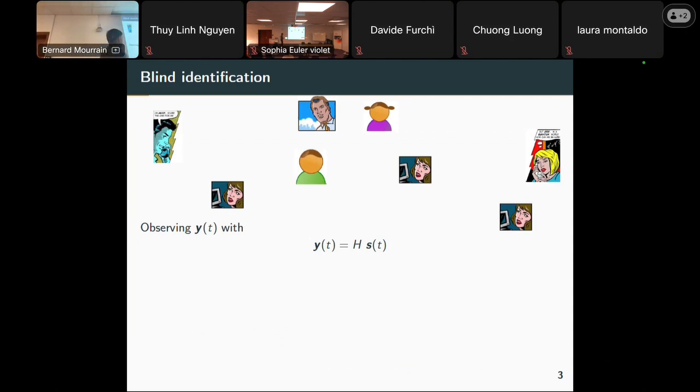So the question here is how to recover the sources and how many there are, and the matrix H. So you want to solve this linear system where you know only Y, and you want to find the system and the solution.